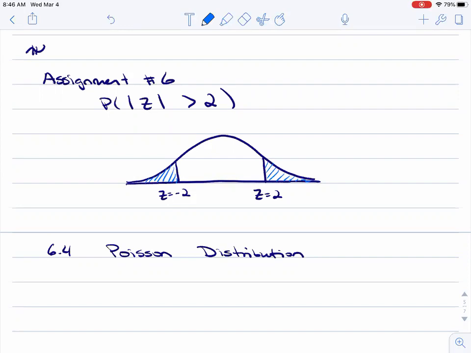So quick question on that. If you found the area of one of those, could you just multiply it by 2? Sure can. Yeah. Because of symmetry. The more that you use your Z table and your Z distribution, you'll start to find shortcuts. You could say, okay, well, I can find the area to the left of -2. Because of symmetry, if I flop it to the other side, that area should be the same size.